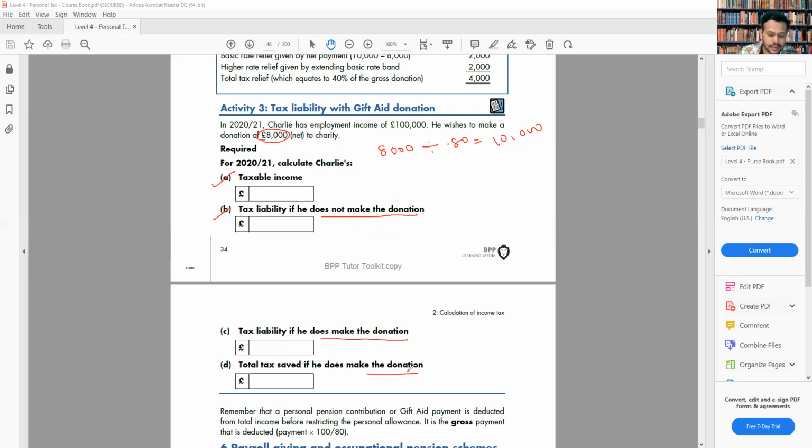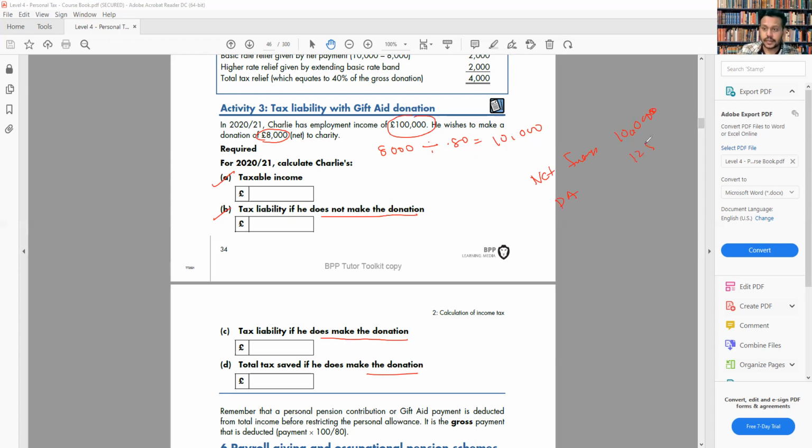So first we need to calculate the taxable income. Taxable income is very simple because you don't have to do any adjustment for the personal allowance, because the income is 100,000. If it is more than that, then we have a problem. So the employment income, that is 100,000, and from the 100,000 we minus the personal allowance. We don't have to reduce the personal allowance because it is not more than 100,000.